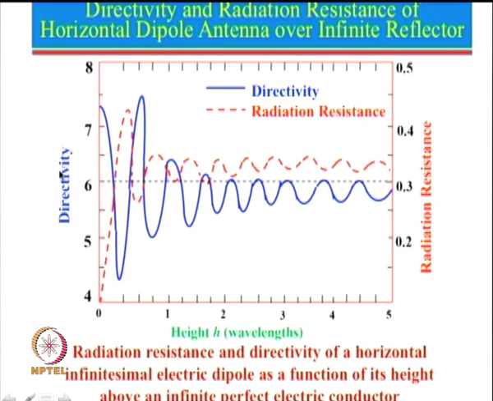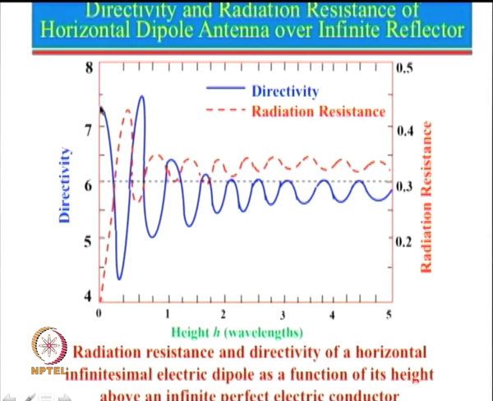Now, I want to mention that when these results were published, there was a lot of excitement, because by putting the dipole at a very small spacing one could see that the gain had increased significantly.